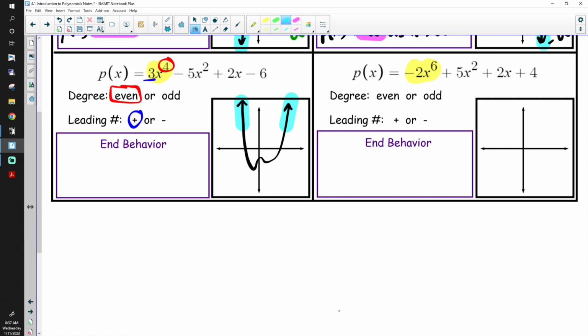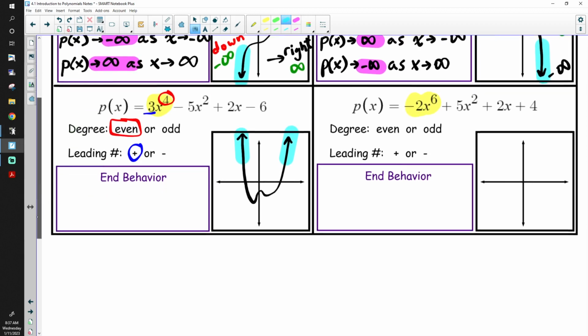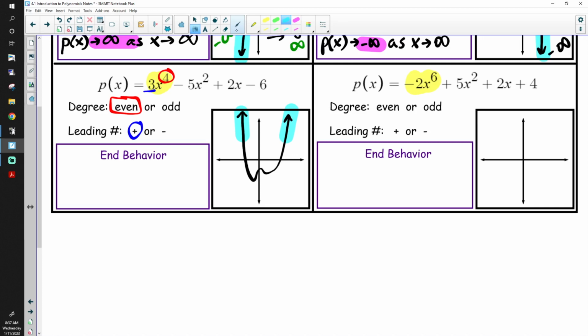Now you notice, where are both of our end behaviors going? They're both going up. So both of our end behaviors, where we highlighted the part that changed, are just going to both be positive infinity. Okay? Because remember, if you're going up, it's positive infinity.